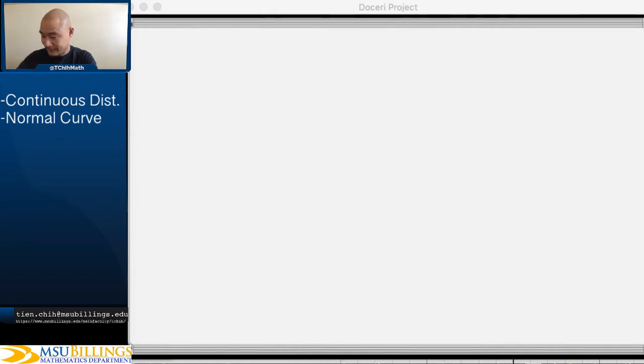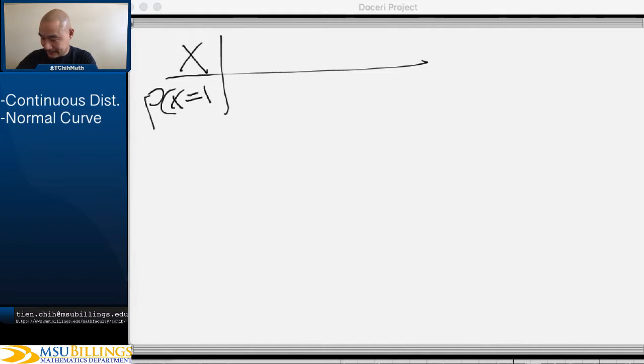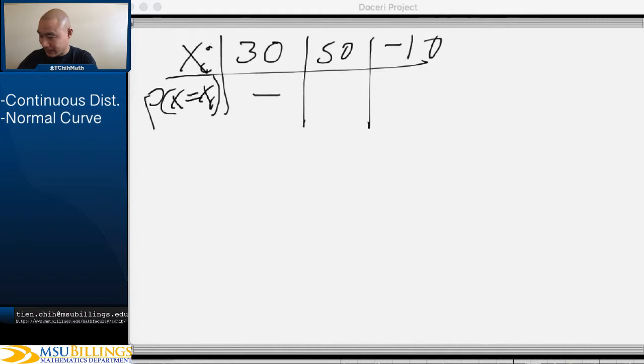So, for example, we've probably looked at something like x, P of x equals xi, and then we have different xi's. Like let's say you can win $30, you can win $50, you can lose $10, and then there's some sort of probability associated with each, right? This is a discrete distribution.